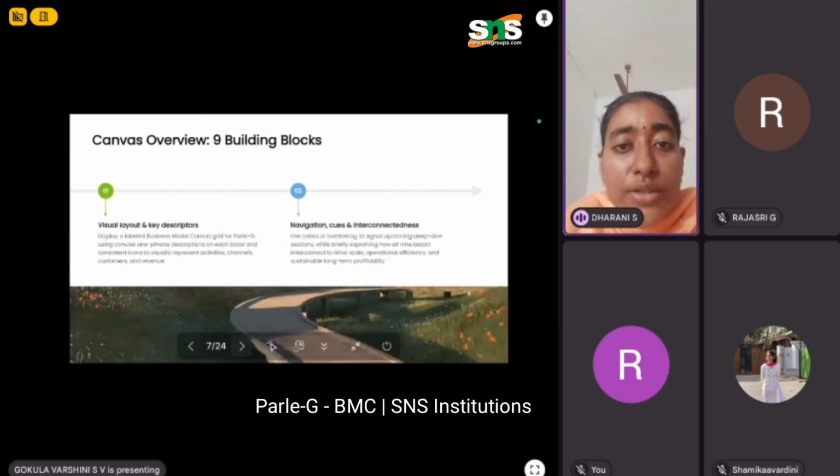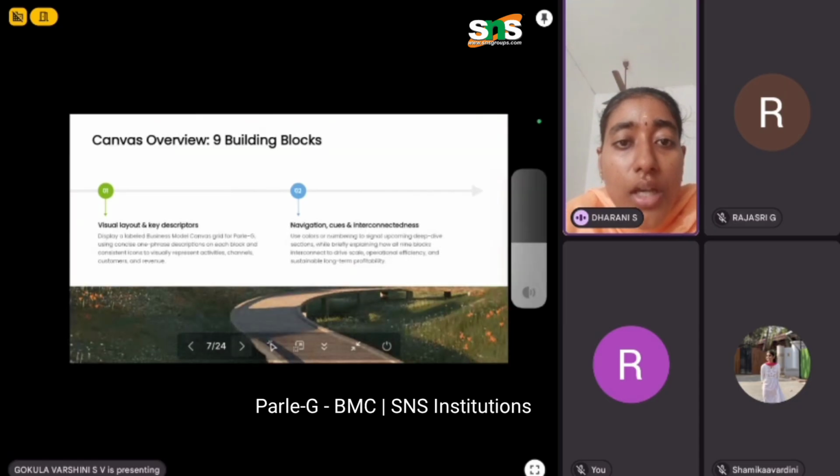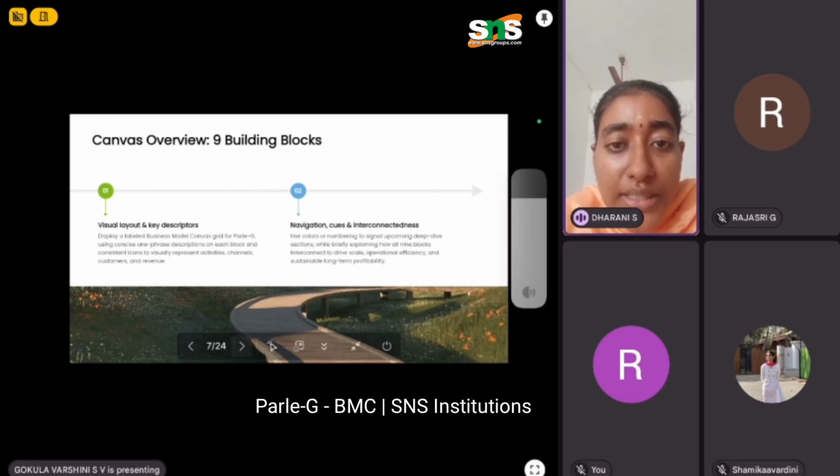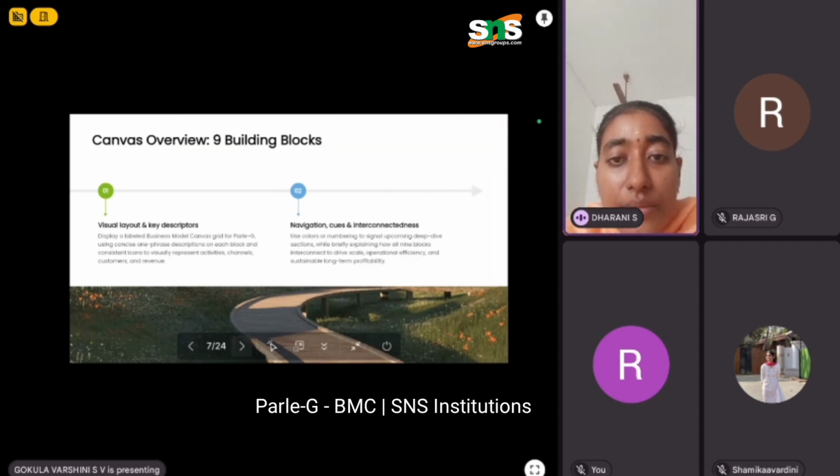Coming to the next point, 9 building blocks: visual layout and key description. The visual layout displays a labeled business model using a concise one-page description on each block and visually represents the activities, channels, customers and the rewards.